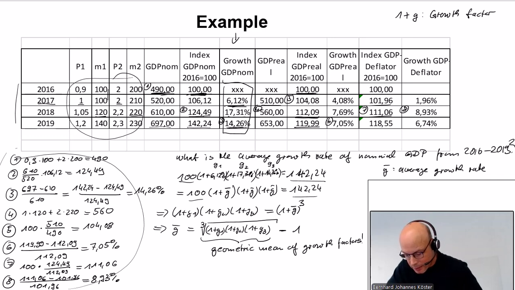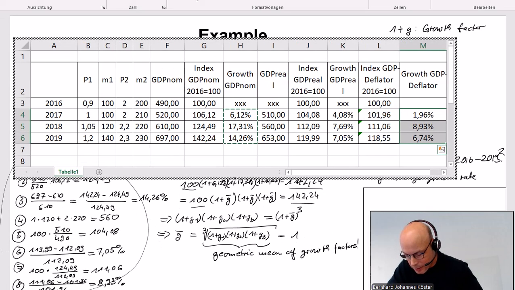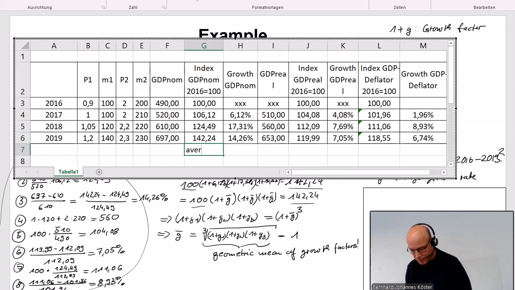Let's calculate this. We go into our Excel file. Let's use it here. Average growth rate.